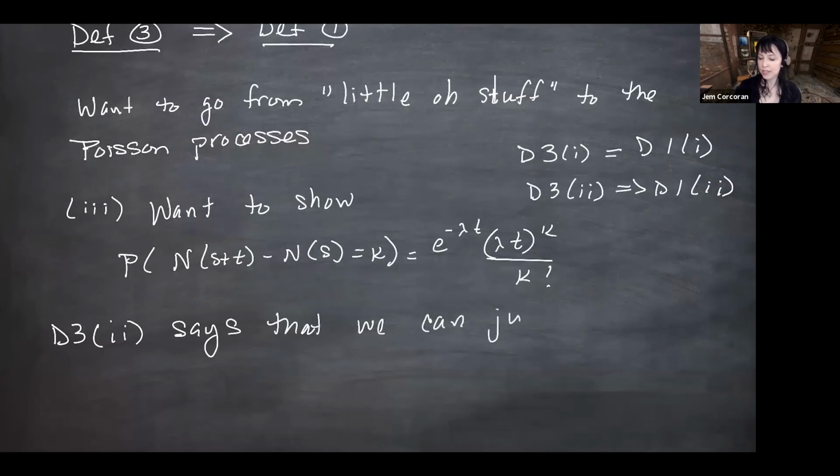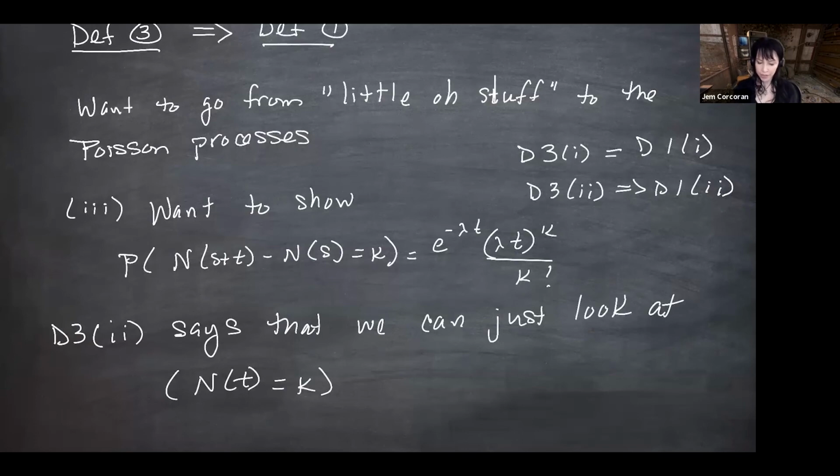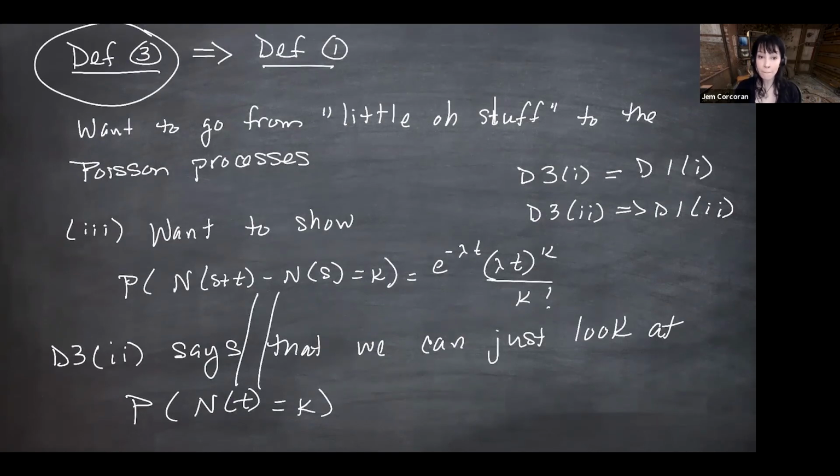We can just look at the probability that N of t is k. It's just an interval of length t from 0. And I'll remind you that double I of definition 3 says the increments are stationary. So any interval of length t will have the same probability. So this is equal to this according to definition 3, double I. And we are assuming definition 3 here.